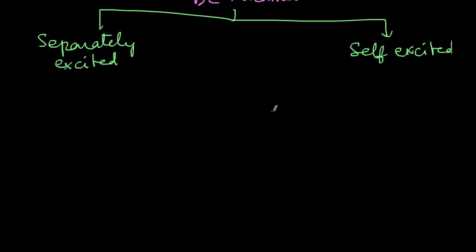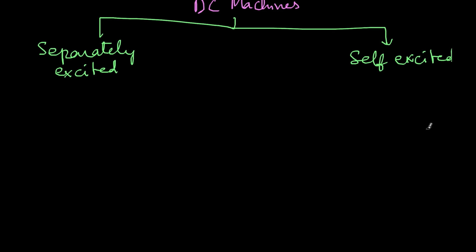So separately excited, how does it look like? The separately excited looks like this. There is a magnetic field, a DC voltage supply. There could be a variable resistance here. This is the field winding denoted as F and FF. F is the starting part of the field winding and FF is the ending part of the field winding.